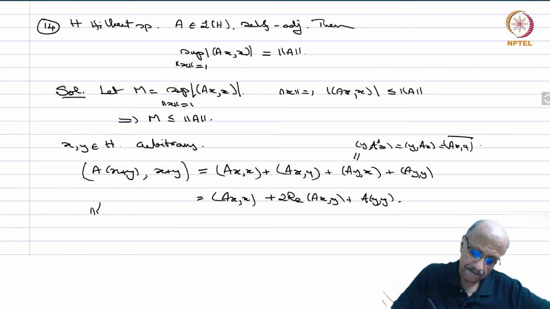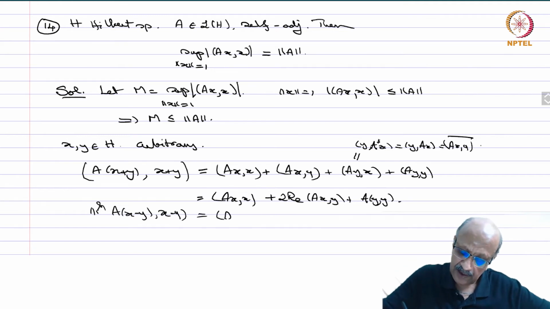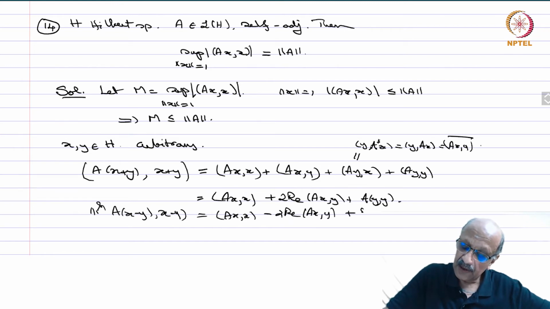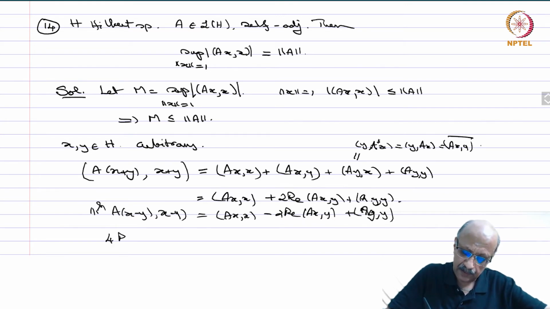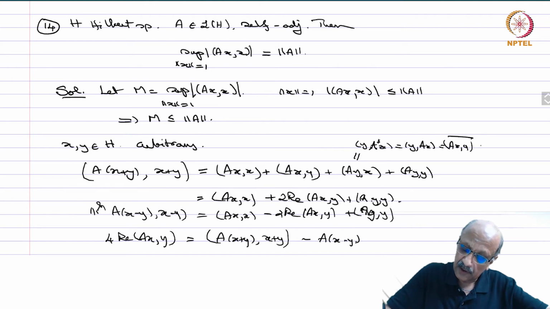Similarly, A(x-y, x-y) will be equal to A(x,x) minus 2 real part of A(x,y) plus A(y,y). So when you subtract, you get 4 times real part of A(x,y) is equal to A(x+y, x+y) minus A(x-y, x-y).